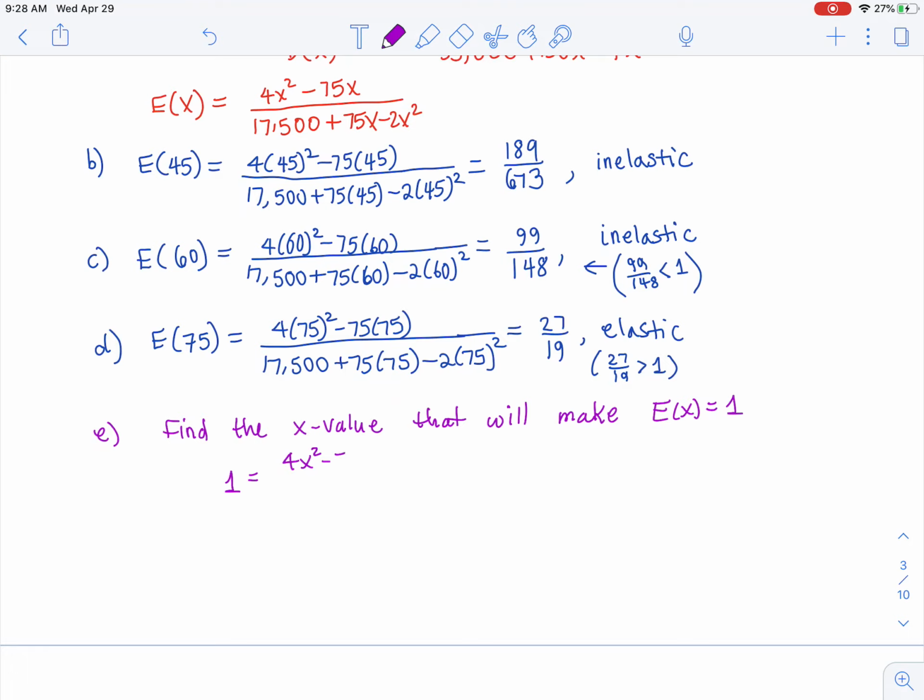All right, and going back, where am I? Plug in 1 into the left side, and put your elasticity function on the right side. And we are solving this for x.